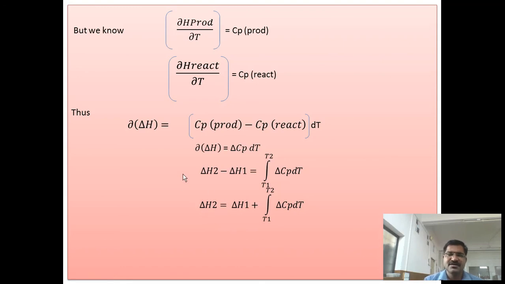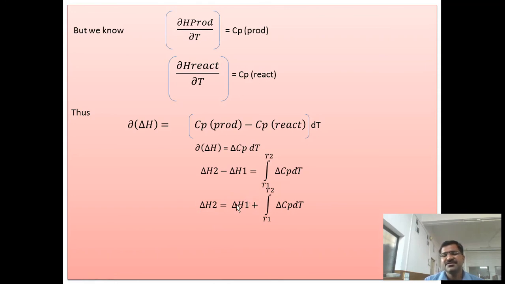So here, if you want to calculate delta H2, that is the enthalpy change of a chemical reaction at temperature T2, we must know delta H1, T1, T2 and all these values. Then we can calculate delta H2. We can also calculate delta H1 if we rearrange this equation.